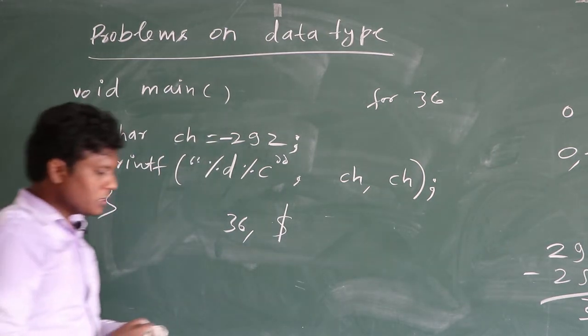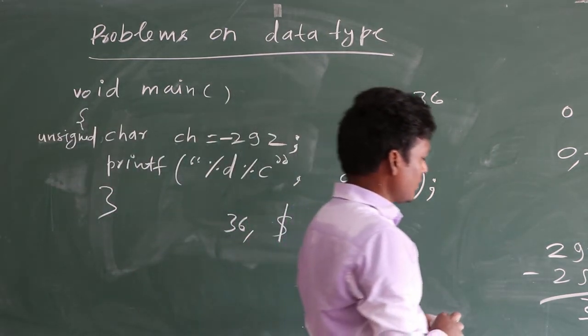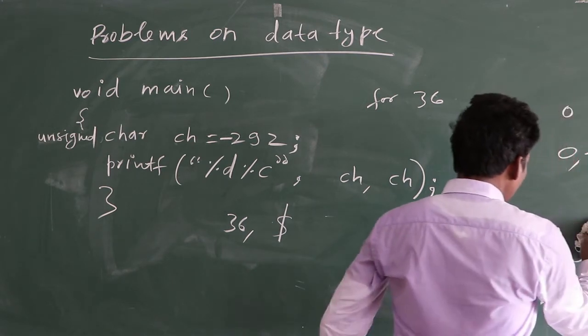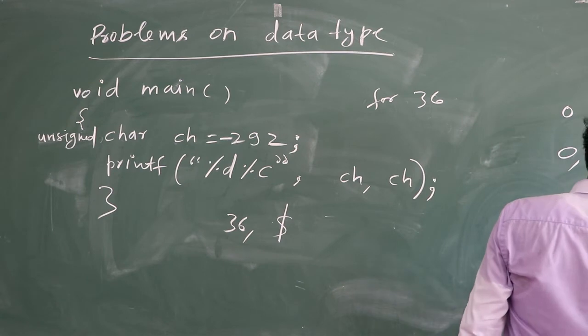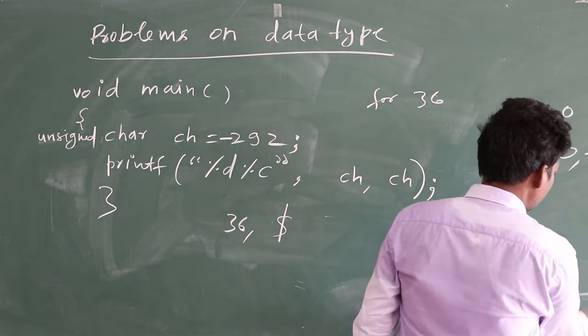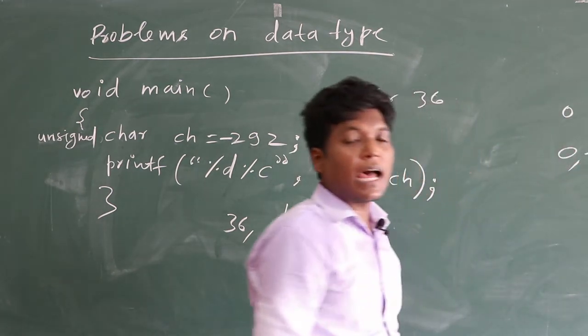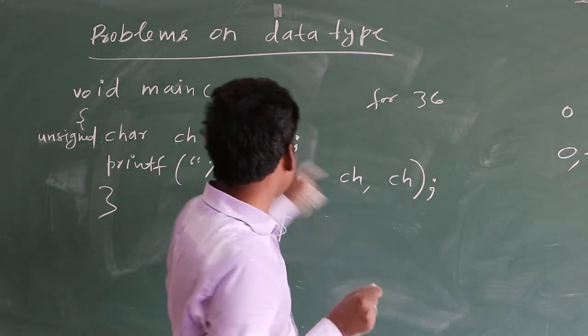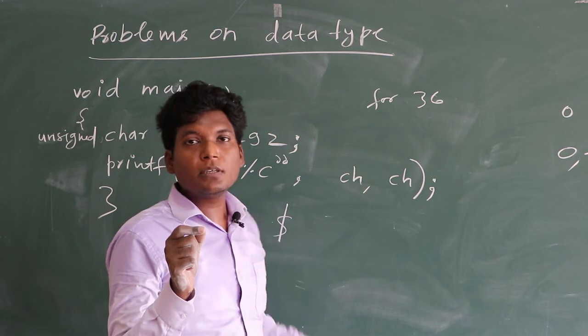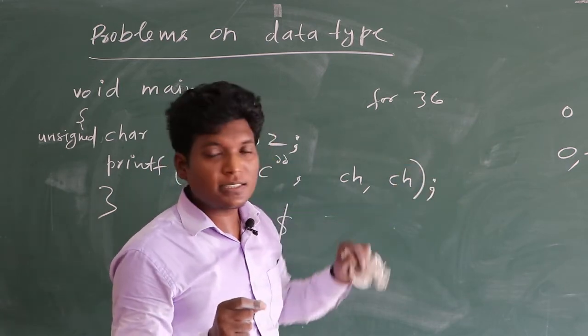Now how will you reduce in the minus scenario? In case of signed char, for a minus value we start with -1, but there is no minus here.